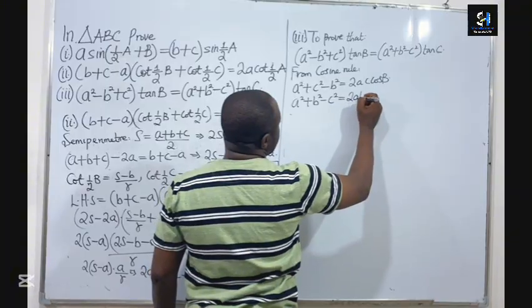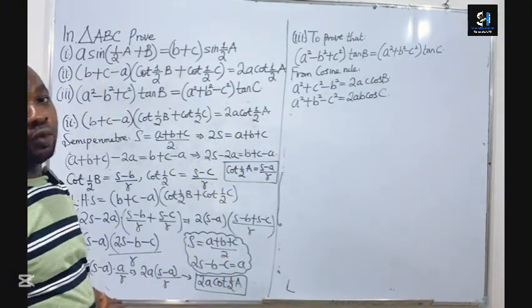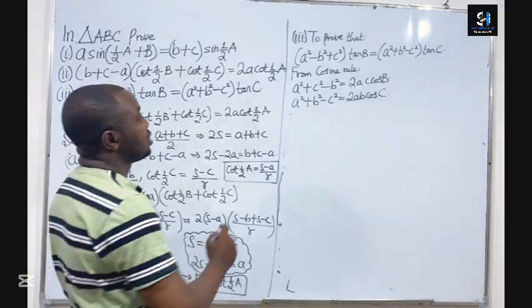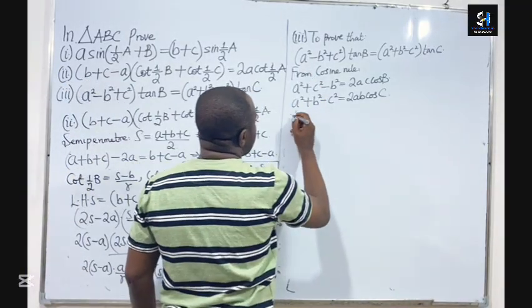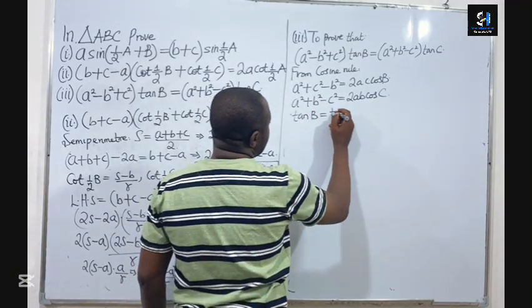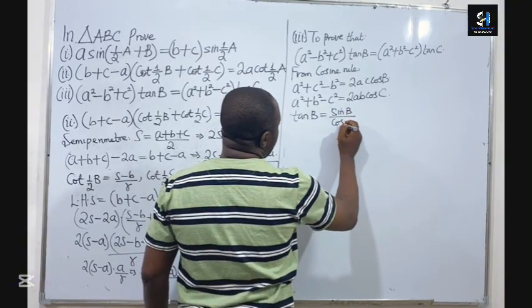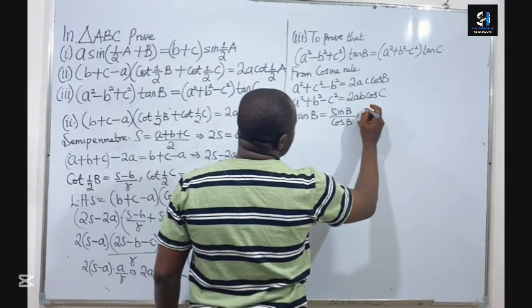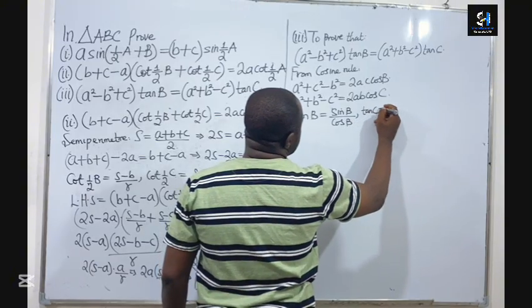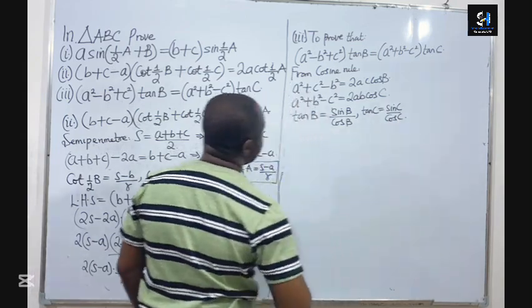So this will be 2AB cos C. That is the cosine rule formula. Then also from the definition of tangent, tan B will be equal to sine B over cos B. And also tan C will be equal to sine C over cos C.